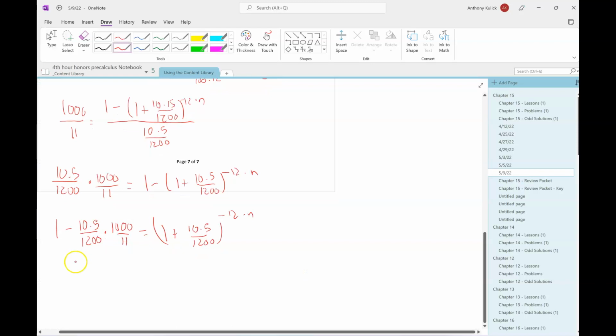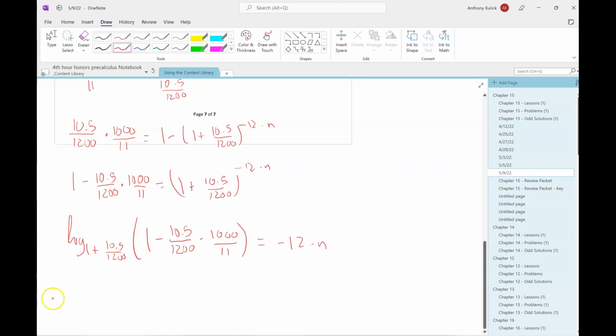And then we're going to log it. And you tell me if I'm losing you, right? And then divide both sides by 12.